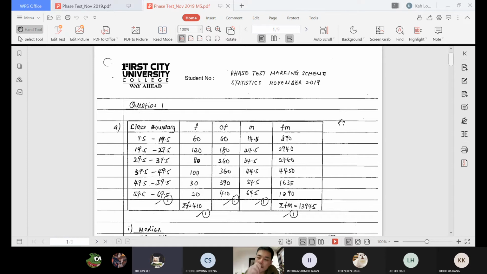Okay, now why do we need the midpoint and frequency times midpoint? Junyi, forgot already? Not really remember. Okay, never mind, I will ask some others to explain this.